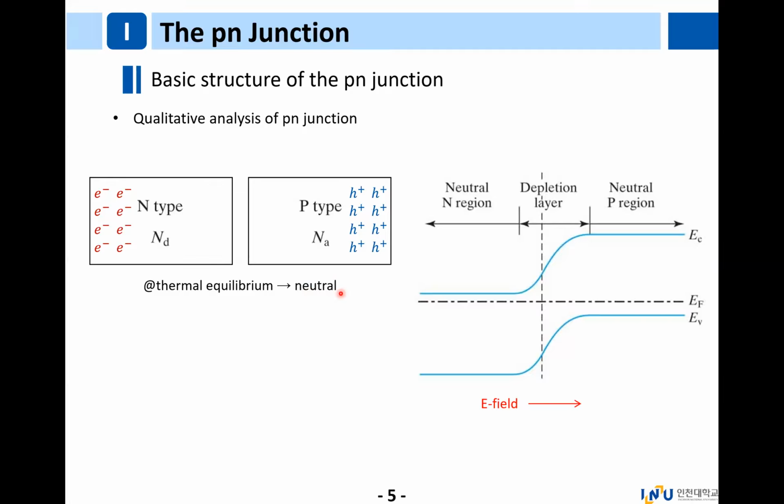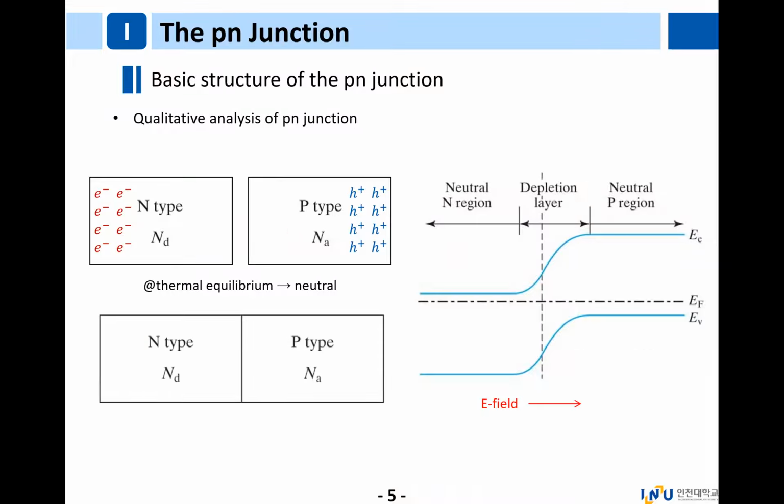However, what happens when we join these two regions? On the left, there is an excess of electrons, while on the right, there is a scarcity of electrons. As a result, these electrons will diffuse toward the right.